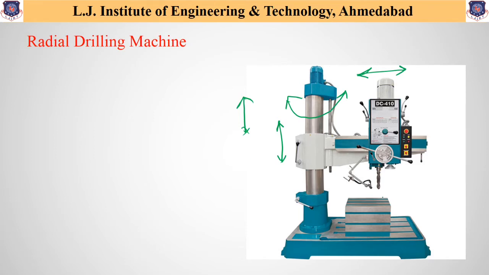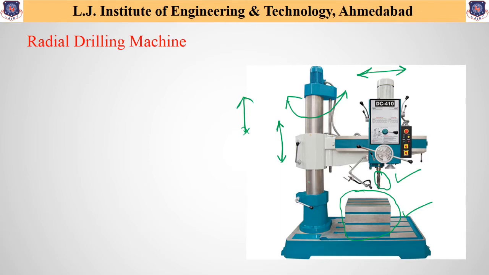Whereas in the radial drilling machine, if one wants to generate a number of holes on these surfaces, the workpiece remains stationary and the drill tool can be moved to the desired location with the help of these three different movements. So this is the advantage of the radial drilling machine.